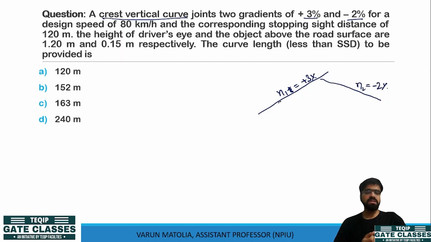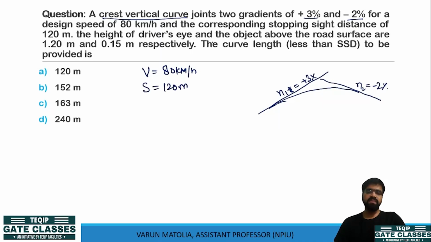So this summit curve is used here. For a design speed of 80 kilometers per hour, the corresponding stopping sight distance is 120 meters.